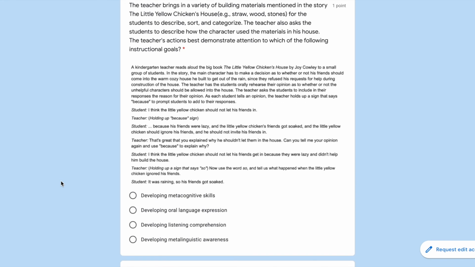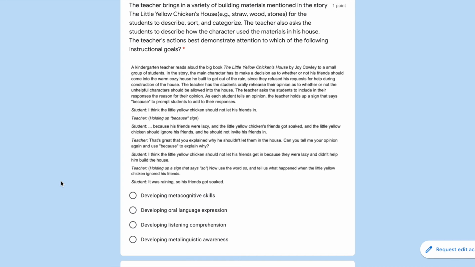Here we have the teacher brings in a variety of building materials mentioned in the story, The Little Yellow Chicken's House, for example, straw, wood, stones, for the students to describe, sort, and categorize. The teacher also asks the students to describe how the character used the materials in his house.